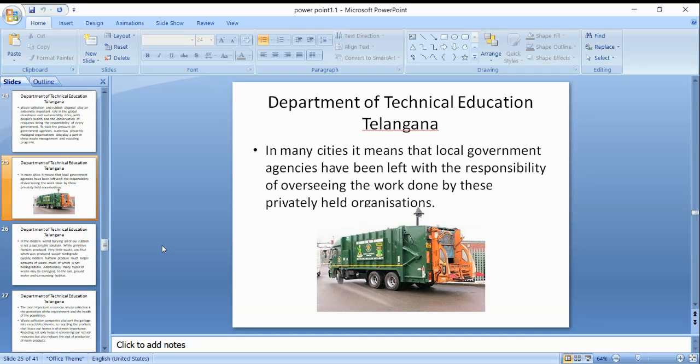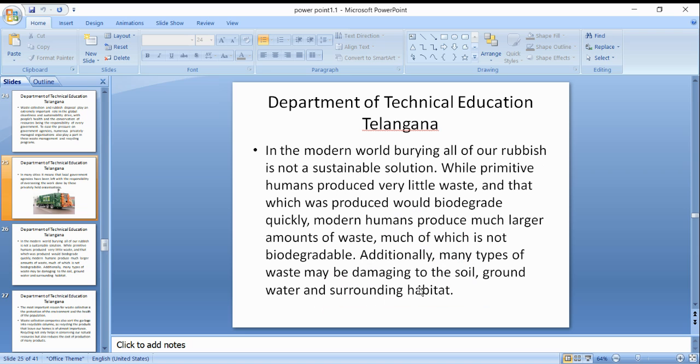In many cities, local government agencies have been left with the responsibility of overseeing the work done by these private organizations, including transportation. It should not be exposed and should not create any pollution to the surroundings, so it should be closed.